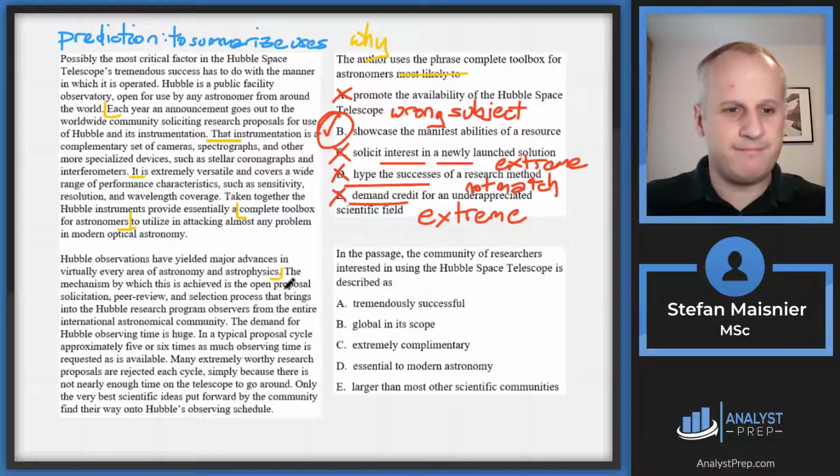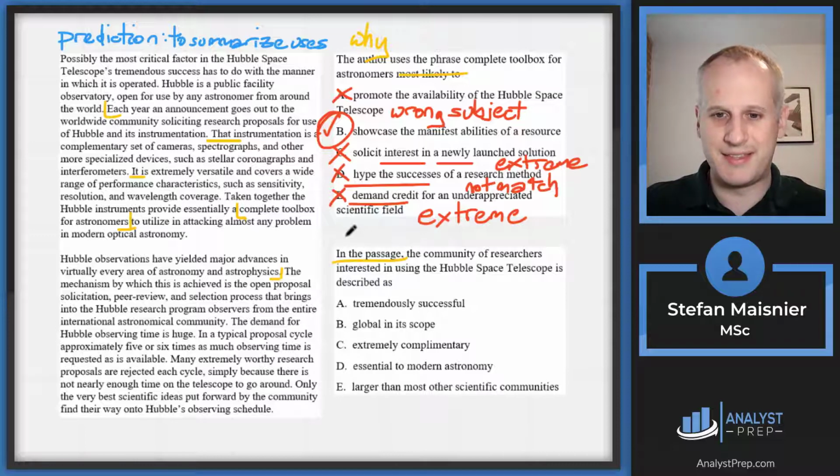So then we move to the second of the two questions, and this time we've got "in the passage," which already as a phrase just tells me that this is probably a what question. So, in the passage, the community of researchers interested in using the Hubble Space Telescope is described as.